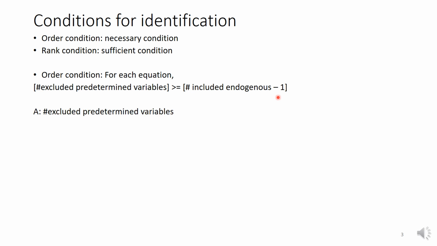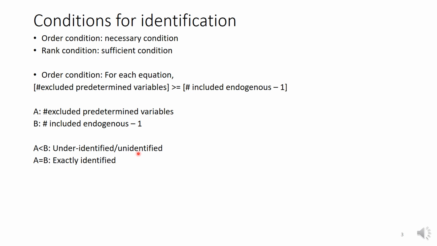If we call this part A, the number of excluded predetermined variables, and this part B, the number of included endogenous variables minus 1, then if A is less than B, your equation would be under-identified or unidentified.